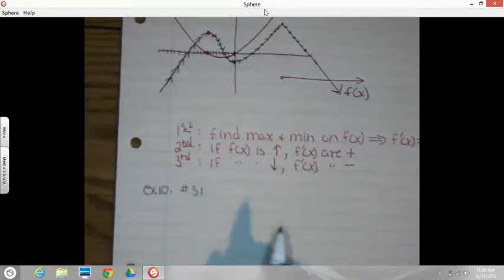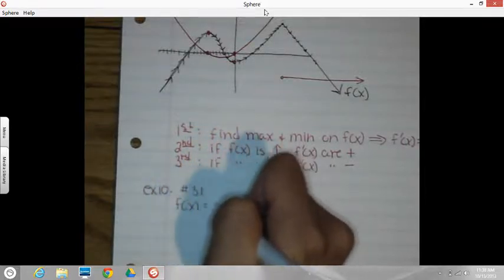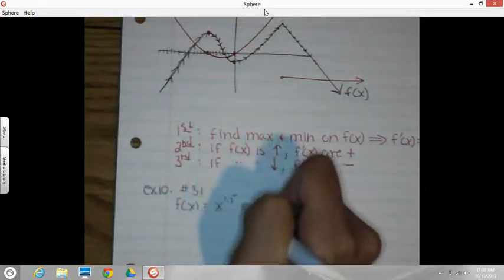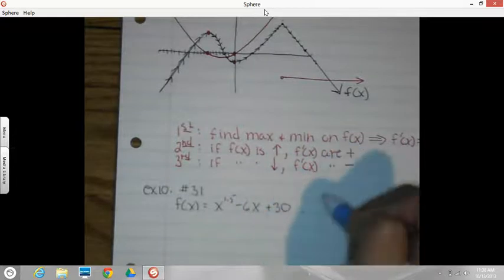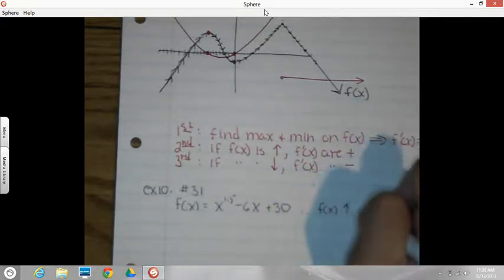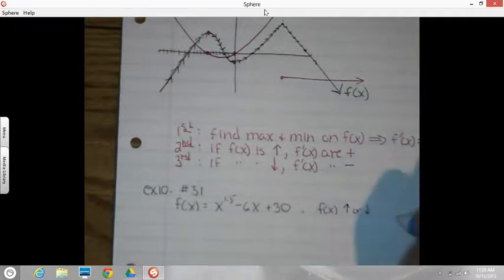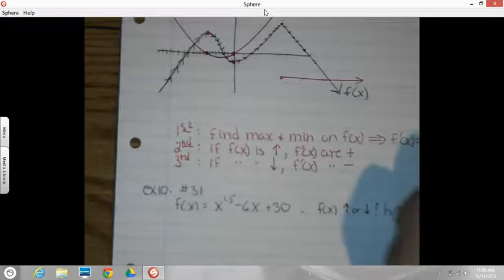We've got f of x equals x to the 1.5 minus 6x plus 30. And we want to know two things. Is f of x increasing or decreasing? And how fast? At x equals 9.